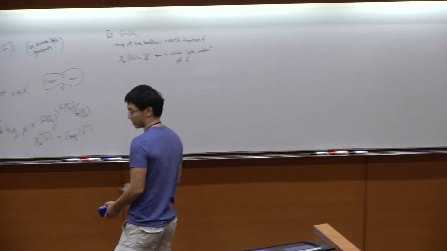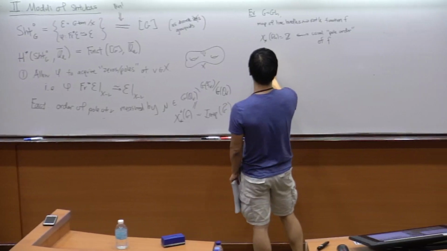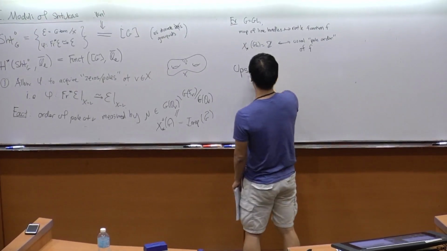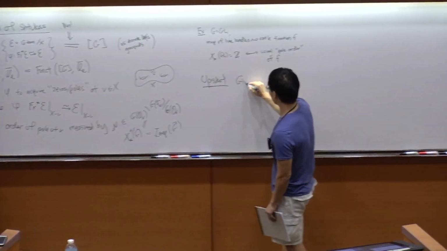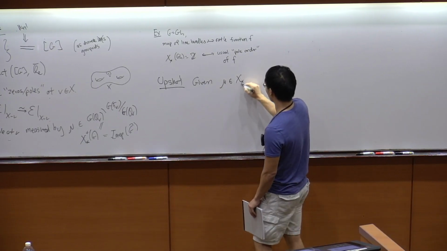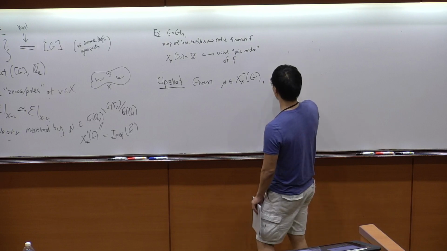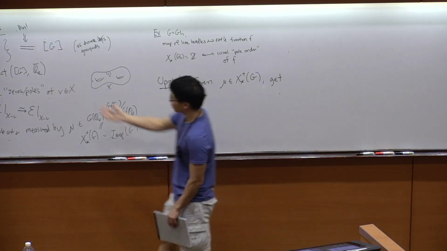Okay, so the upshot is that given a dominant co-character mu, I get a generalization of this space.